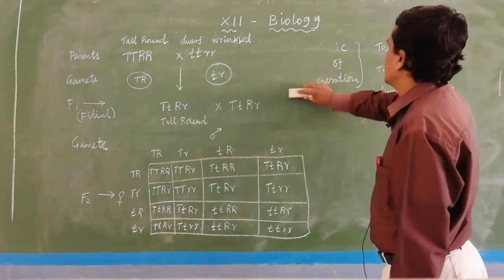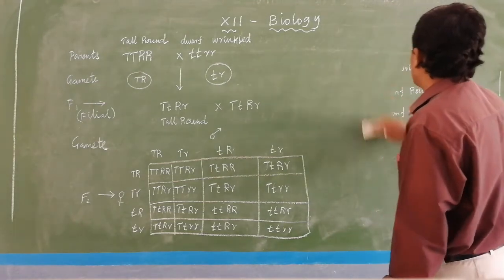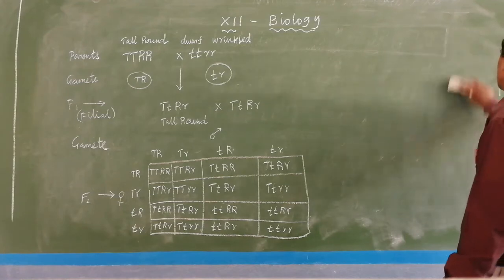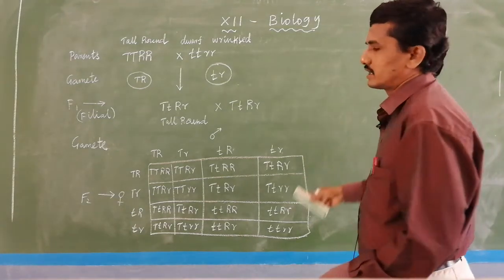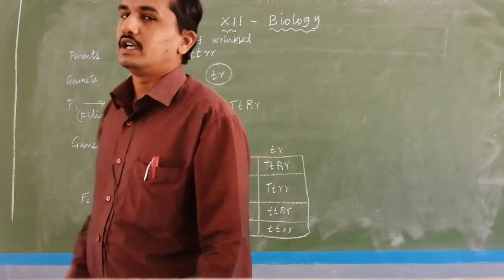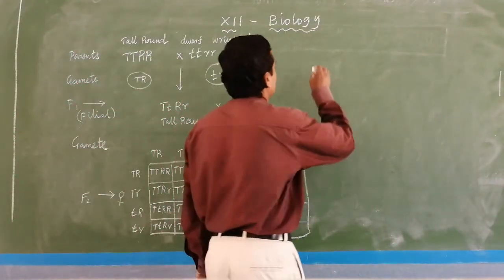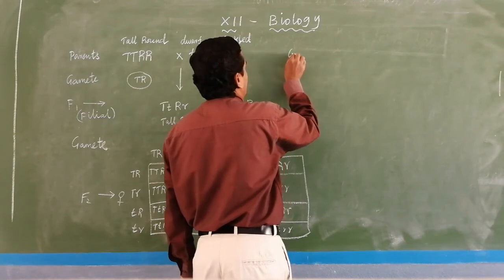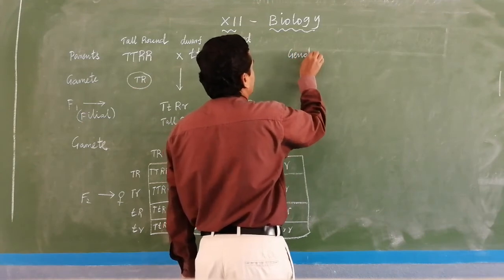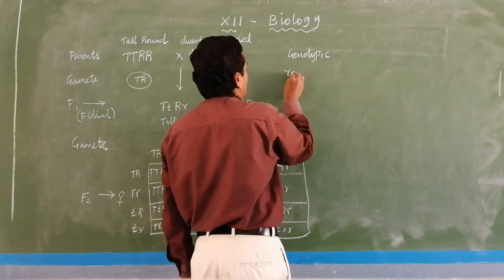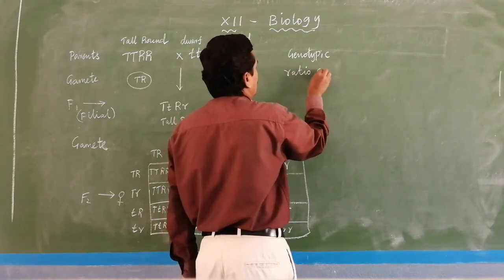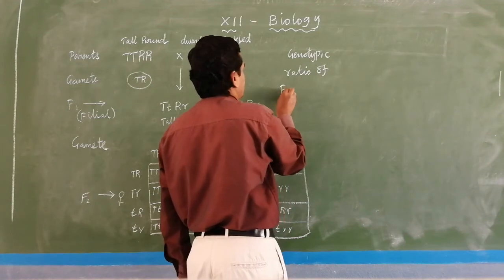Then the genotypic ratio of F2 generation. How many genotypes, or what are all the characters expressed in the F2 generation. The next one is the genotypic ratio of F2 generation.